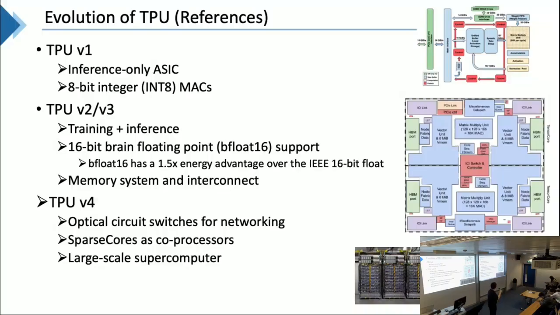This is a new type of precision compared with the half precision floating point, and it basically can introduce a 1.5 times energy advantage over the IEEE standard 16-bit floating point.